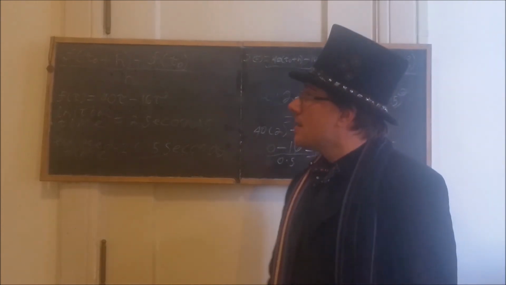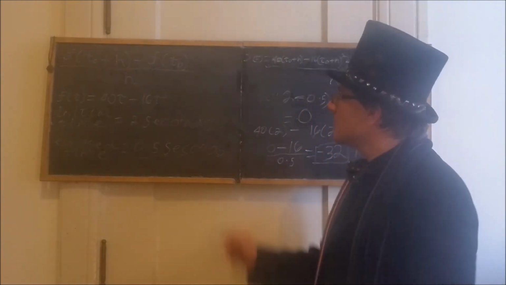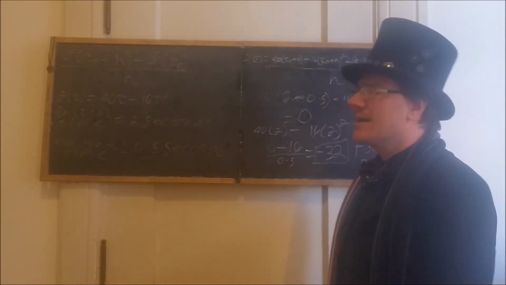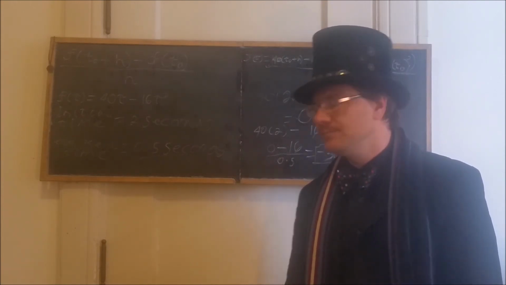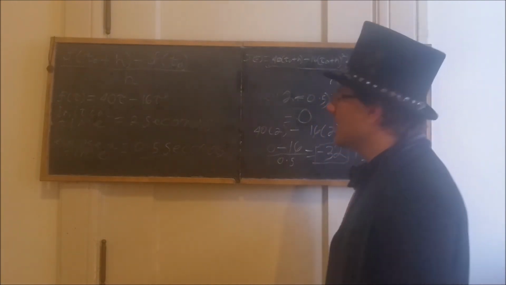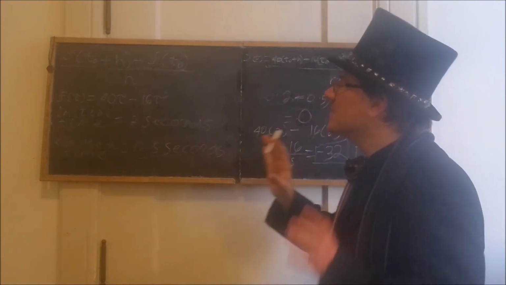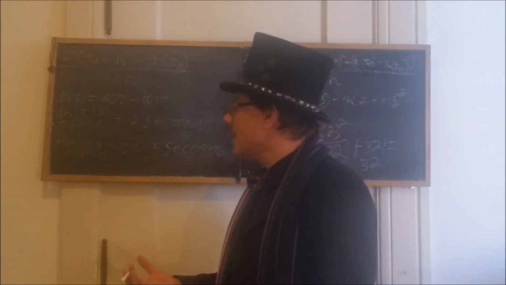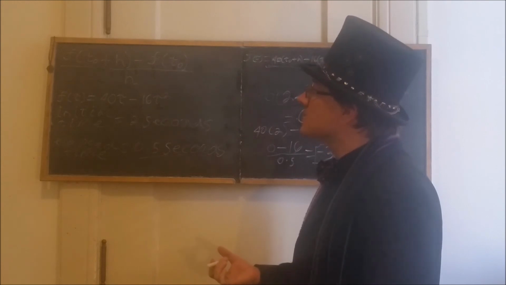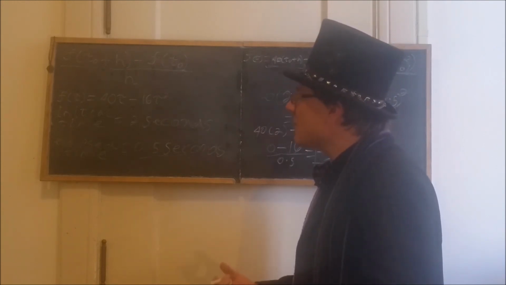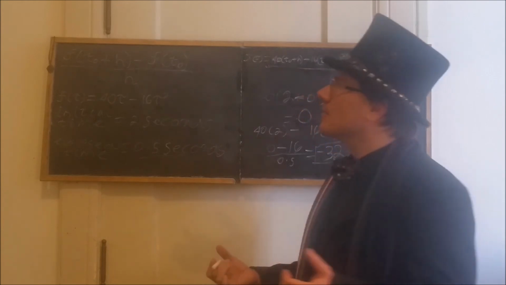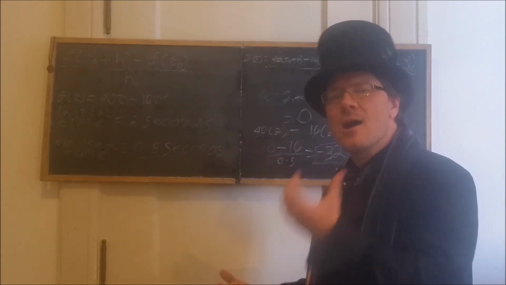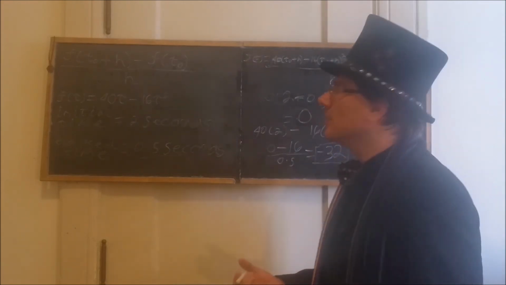Okay, so that's it. Now, next time, what I want to get into is using the same exact problem. We're going to look at instantaneous velocity. Oh, that's going to be even more fun, I assure you, because instantaneous velocity uses real calculus. We'll be using limits. And from limits, we'll go into figuring out how you can be at a particular point and how fast you're going at that particular point.